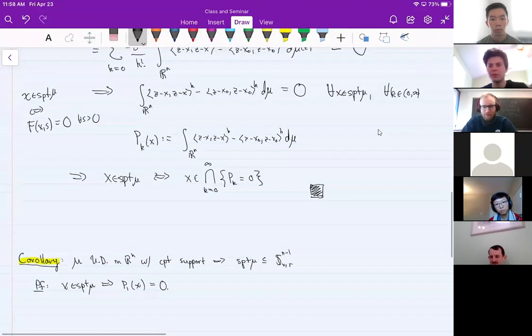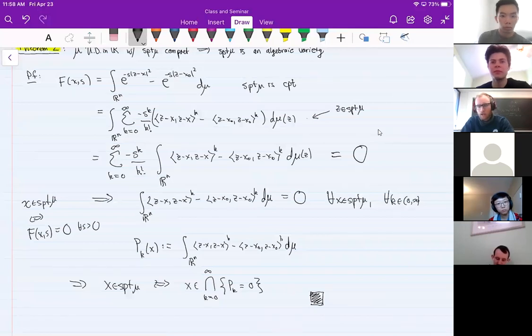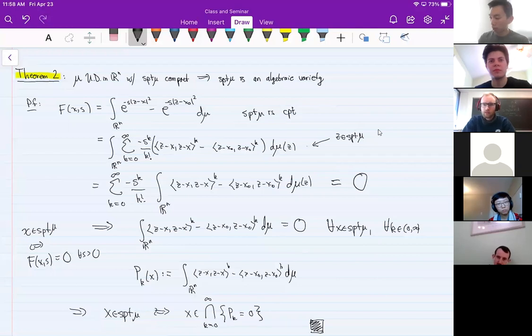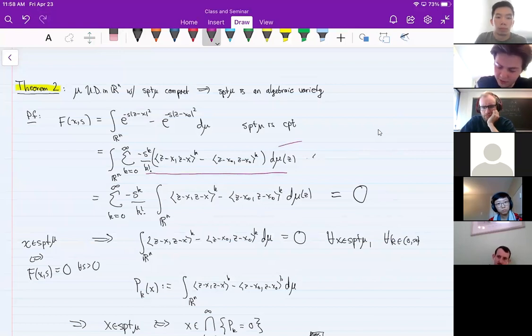Jared, can you say something again about how we use mu having compact support to show that this series converges uniformly and then switching the integral and the series? Yeah, so that step was right here, I think. This is a Taylor series that looks like e to the minus s to the k over k factorial times some quantity.